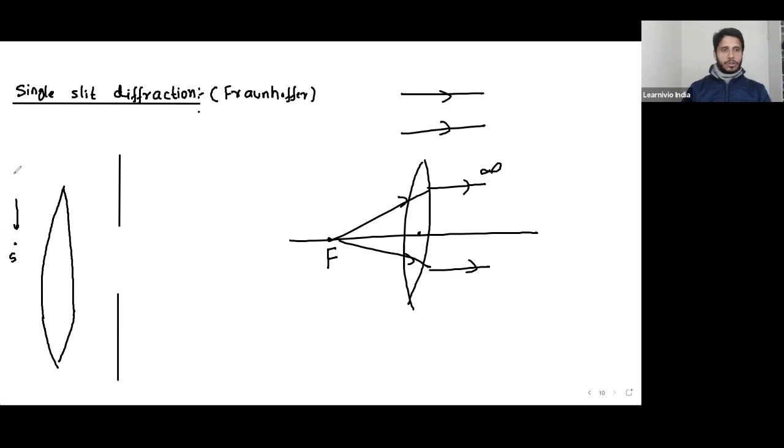This is the focus of the lens. So what happens is, after refraction from the lens, rays will become parallel. The wavefront will become plane.